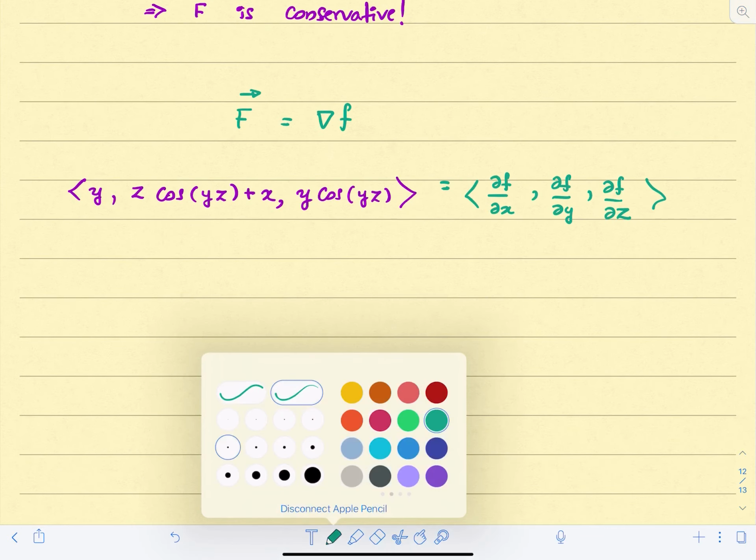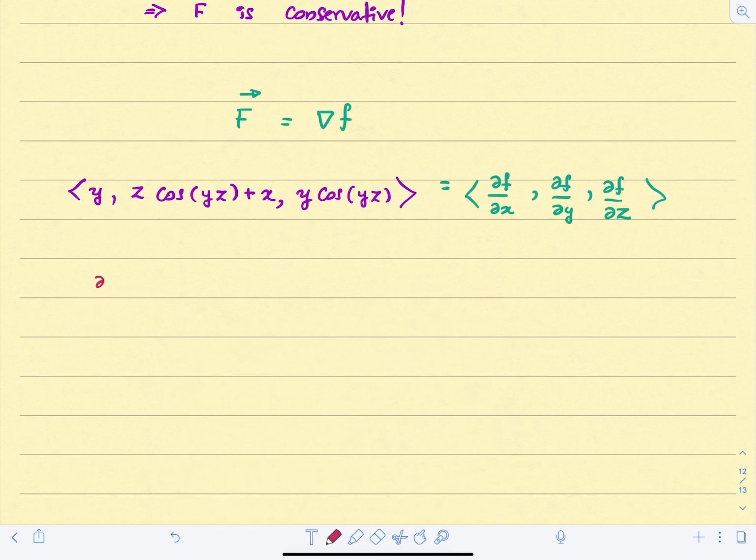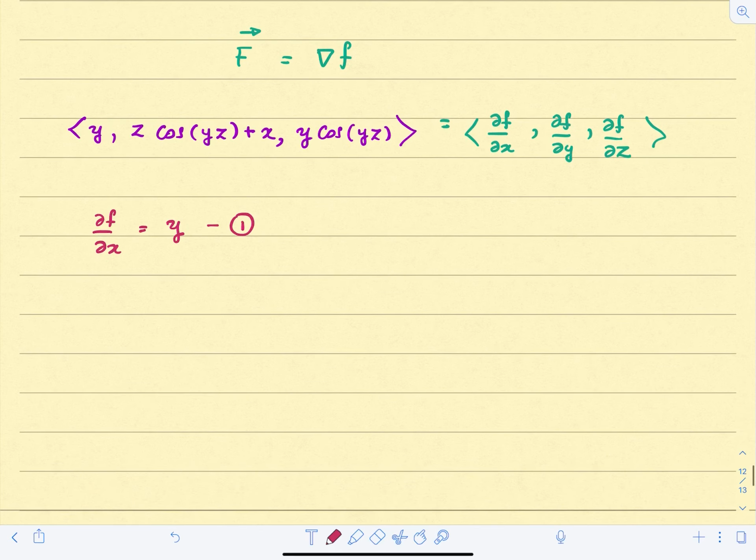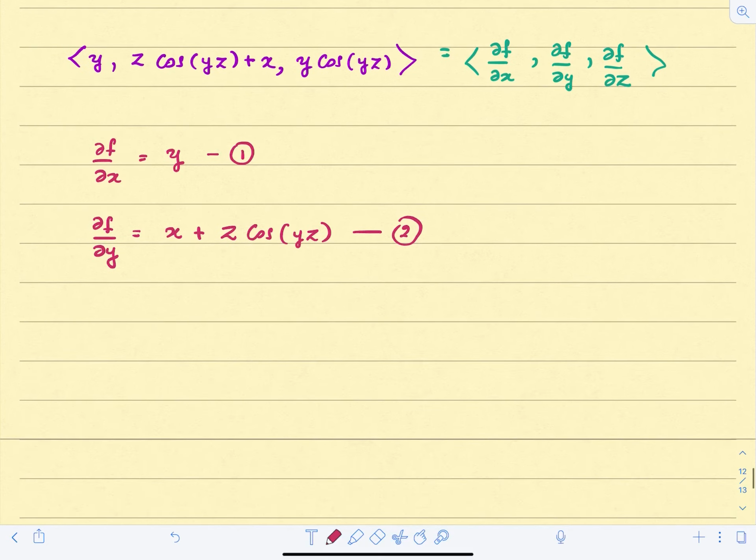Comparing the first component, partial f of partial x equals y. Let's say this is our equation 1. Partial f of partial y equals x plus z times cosine of yz. It's the second equation, and finally partial f of partial z equals y times cosine of yz.